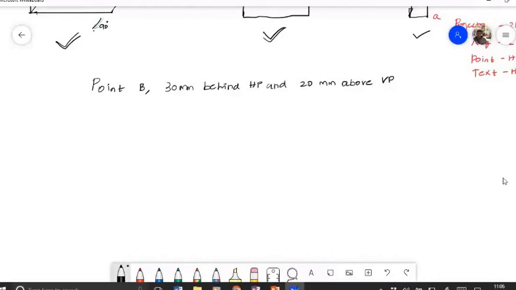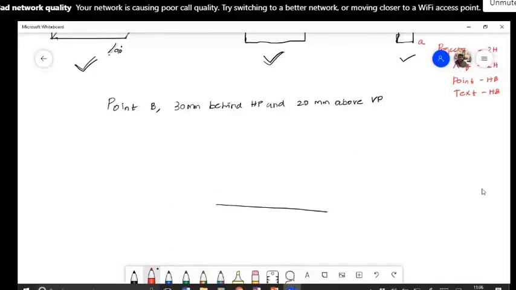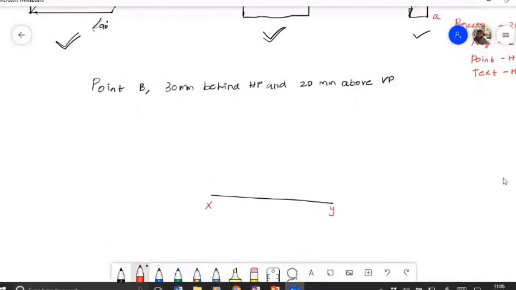So in which quadrant does the point B belong? Sir, there is an error in the statement, sir.